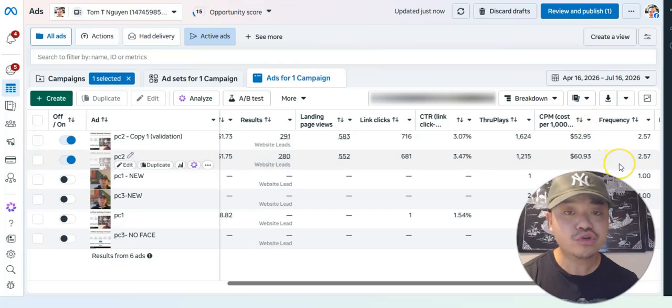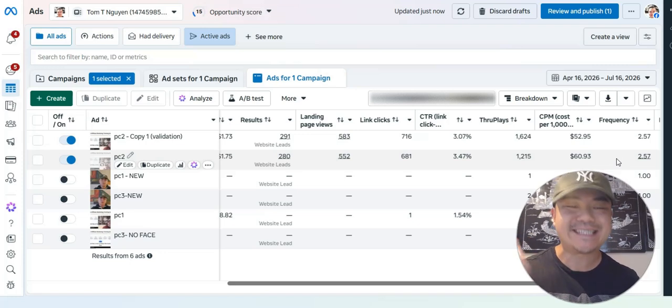Right, frequency is crucial, very important. If the frequency is around 5, that means you have to create a new ad at a different angle, because frequency is the number of times people in your audience are seeing that same ad over and over again.